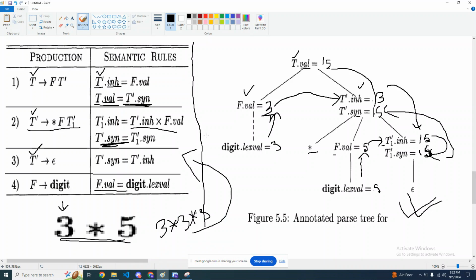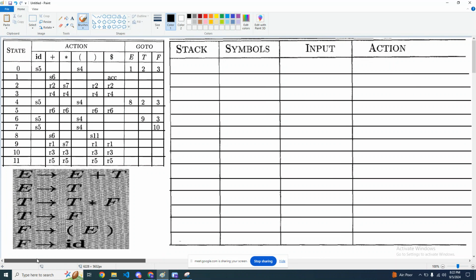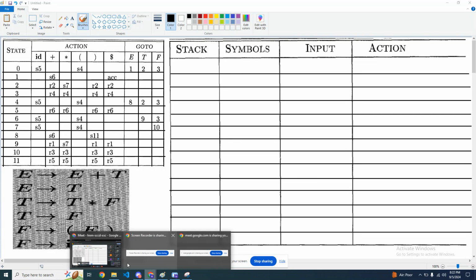Okay. Let's start. So you will be given a parsing table, right? So this is your parsing table.